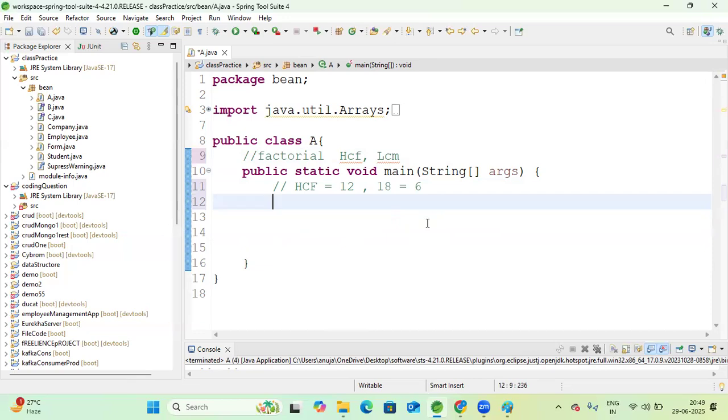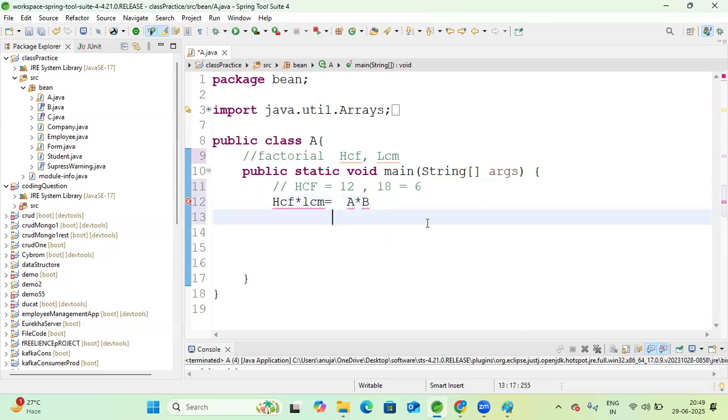And similarly, we have the lowest common multiple, the smallest number that is a multiple of both numbers. There is one formula: HCF into LCM equal to A into B, where A and B are the numbers.